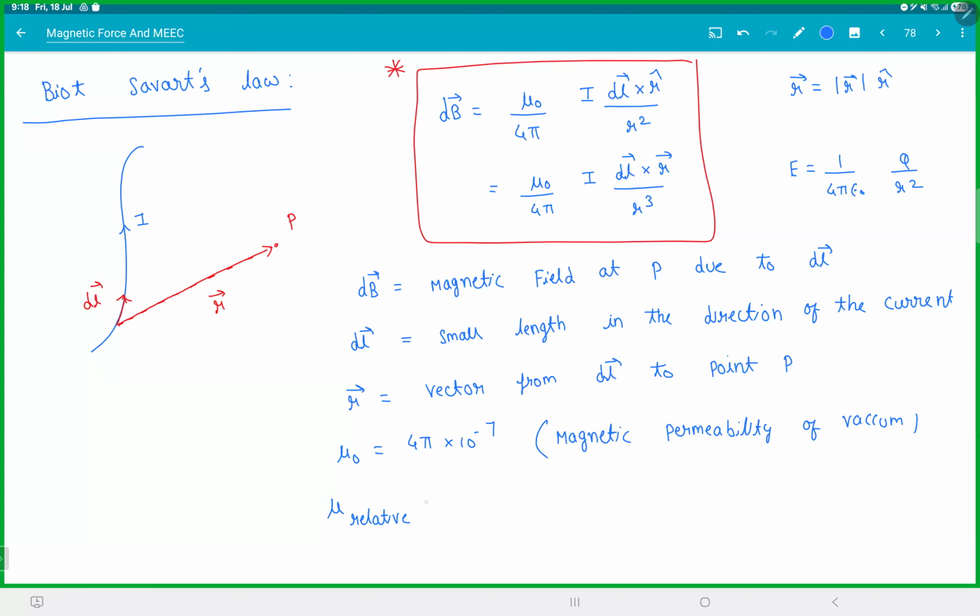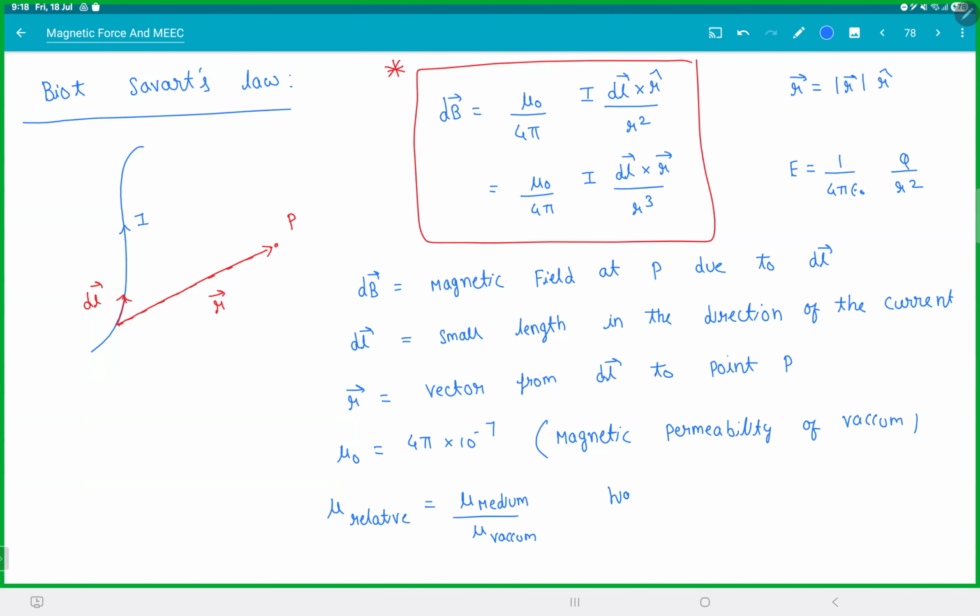So mu relative is mu medium by mu naught. Just to give an example, iron's mu relative is 4000. So it is 4000 times easier for the field to pass through iron than atmosphere or air. So that is the physical significance.